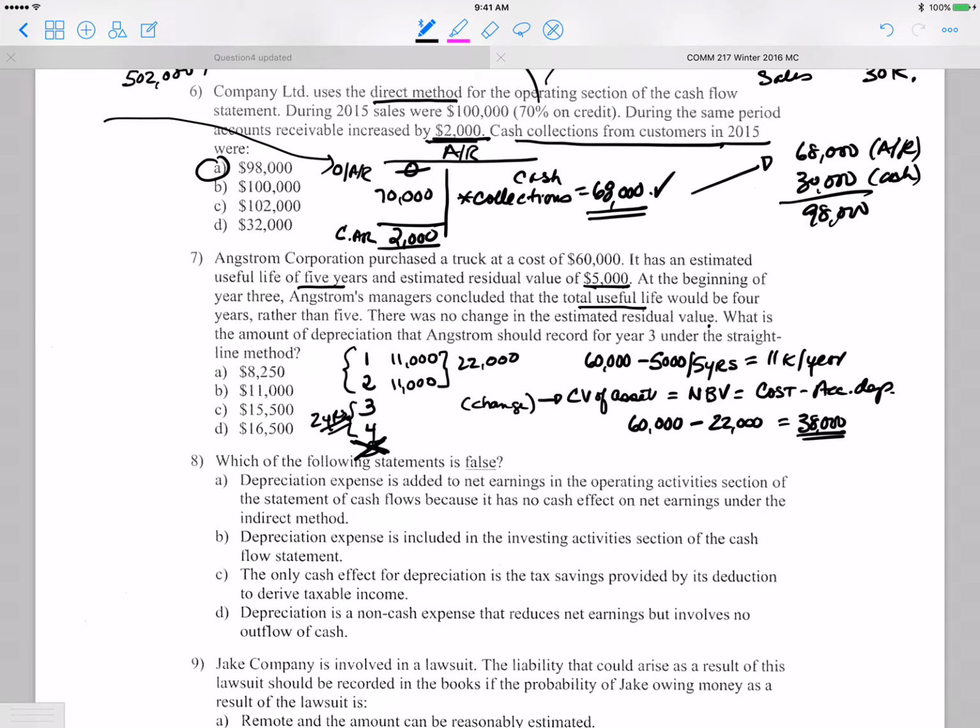So my new depreciation will be $38,000 minus the residual value, which is not changed, over how many years? What is the remaining useful life for this asset? It's 2 years. So that means my annual depreciation is $33,000 over 2 years. That's going to give me $16,500. So the correct answer here is D.